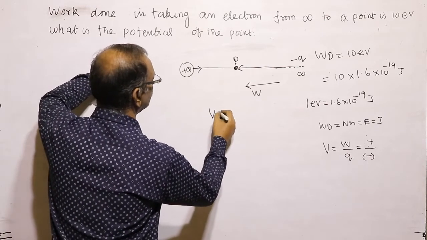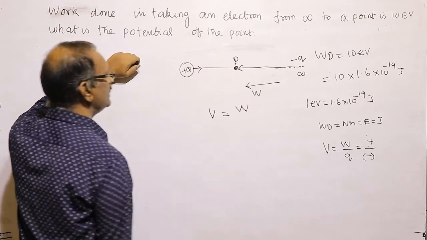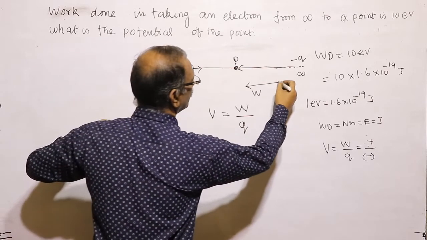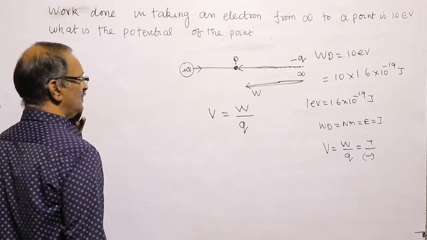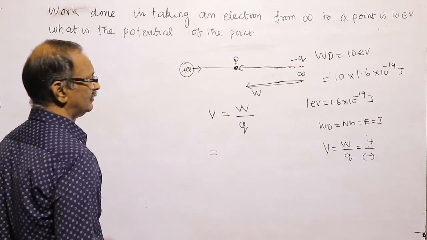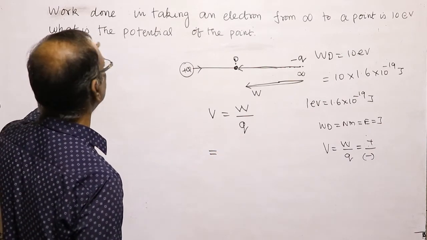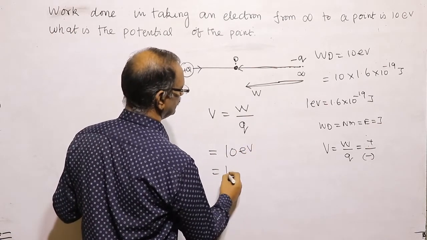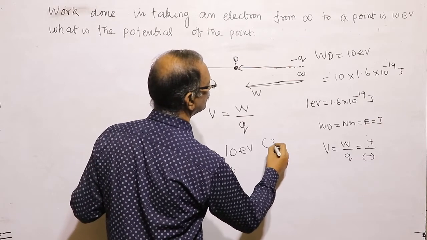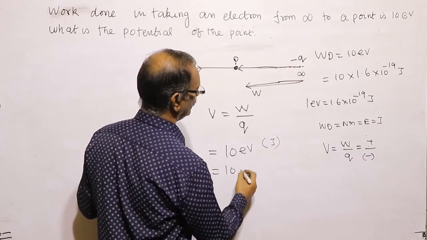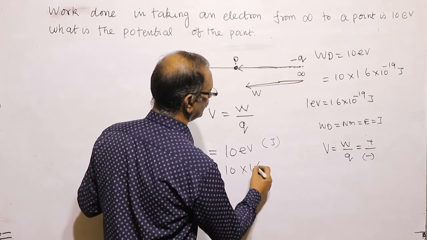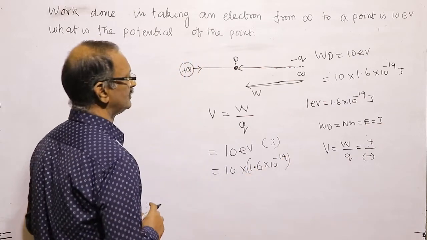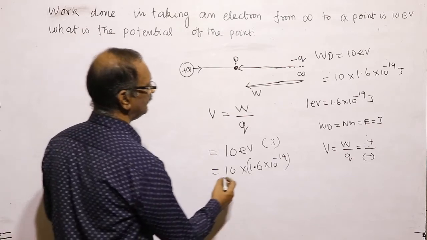We know potential at a point is work done in bringing a charge from infinity up to here. So what is work done? Work done is given, yes, work done is equal to 10 electron volt. So 10, we have to write it in joule. It should be in joule. So this is positive value into multiplied by the magnitude of charge of an electron, 10 to the power minus 19, divided by charge.